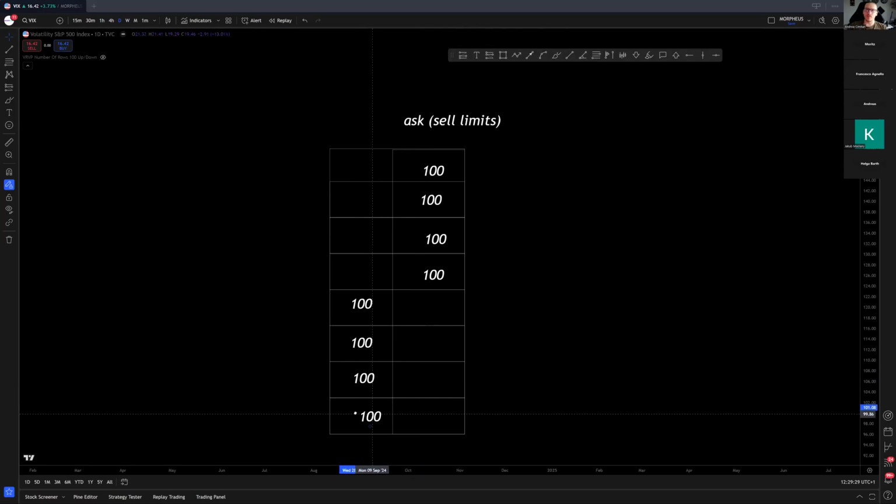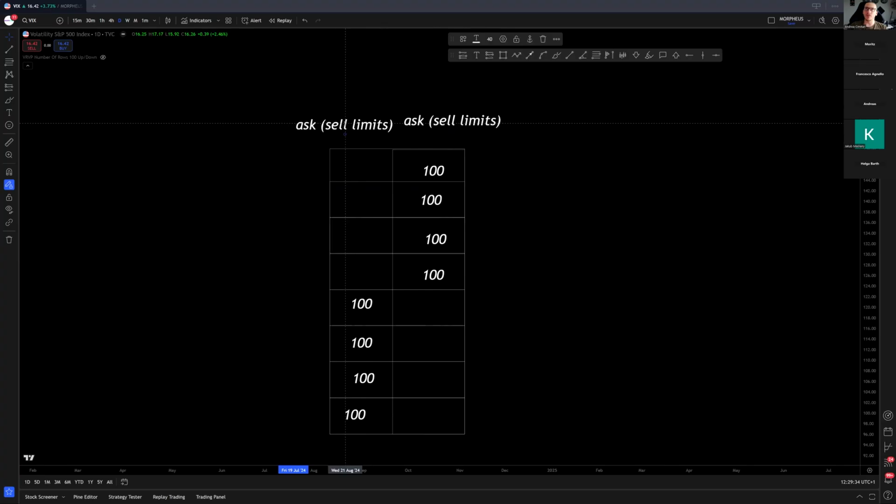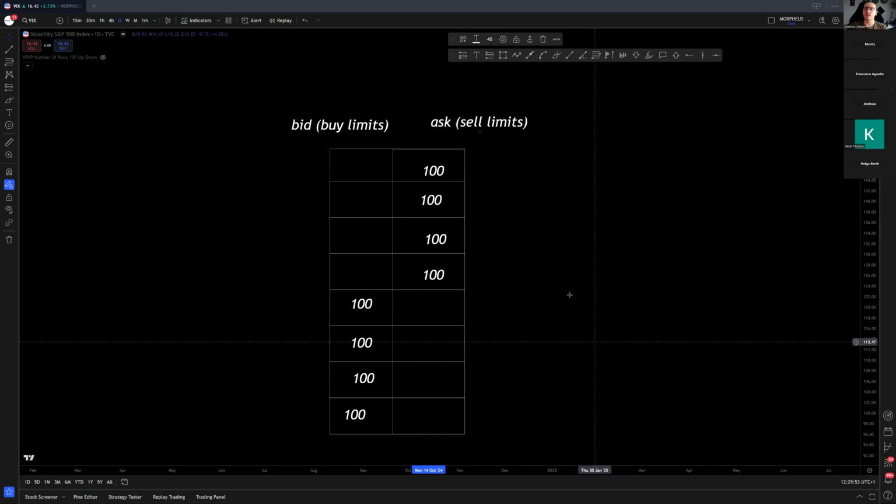And how markets work, as you've probably started understanding, whether from my videos or from this course, this is the bid, and here we have buy limits. And how the auction unfolds is with both buy contracts and sell contracts. So there's not just something being sold.